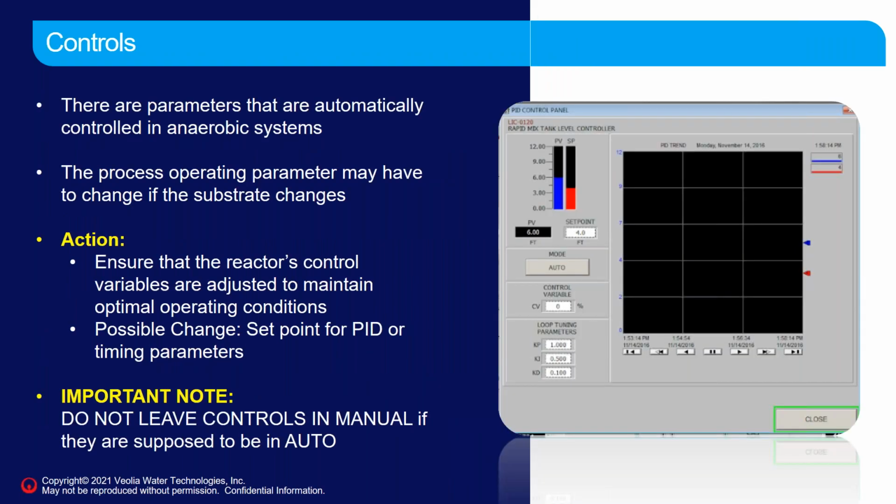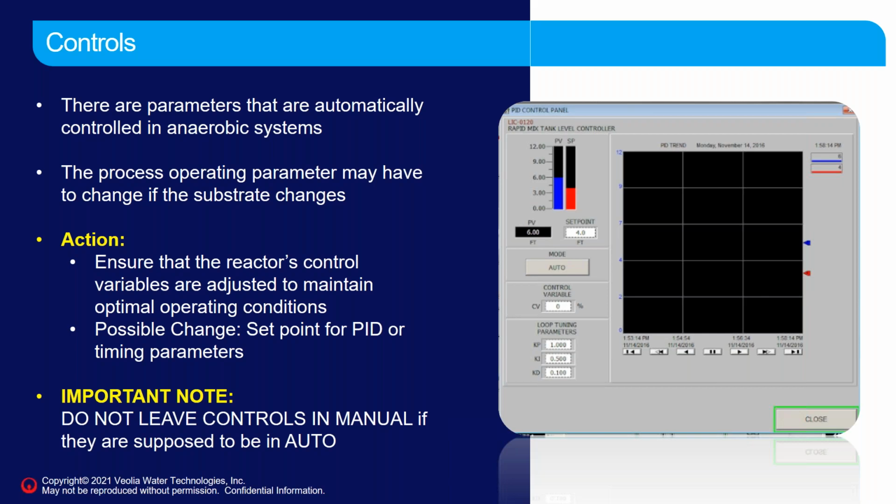Controls. At most of our high rate plants, you're going to control the pH, you're going to control flows, you're going to control levels, you're going to control temperatures. And you have to make sure that these control loops are operating properly.